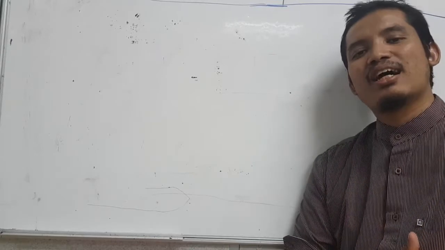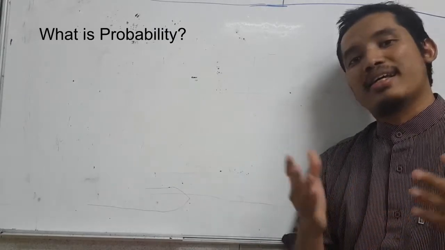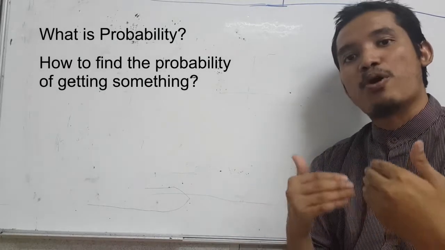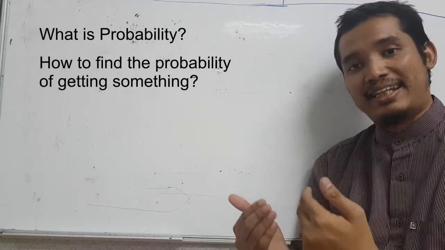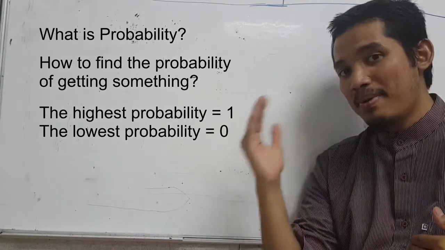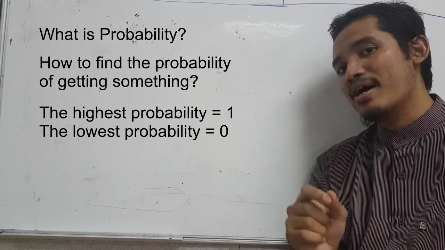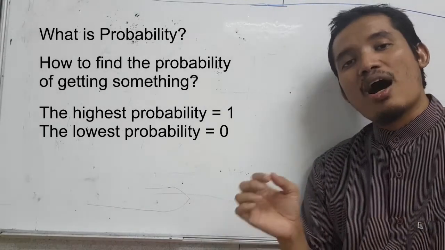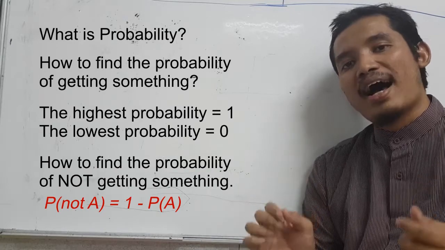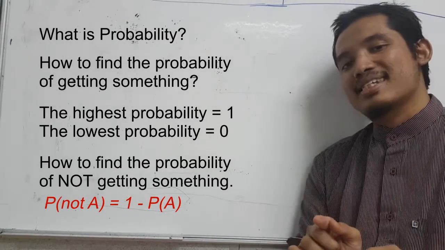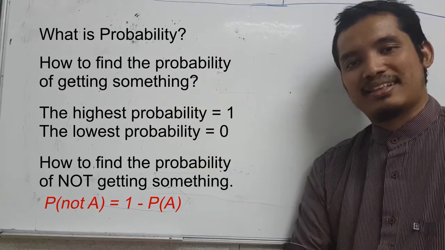Today we are going to go another step in probability. Last lesson we learned what probability is and how to find the probability of getting something. We also learned that the highest probability is 1 and the lowest is 0. And we learned how to find the probability of not getting something.